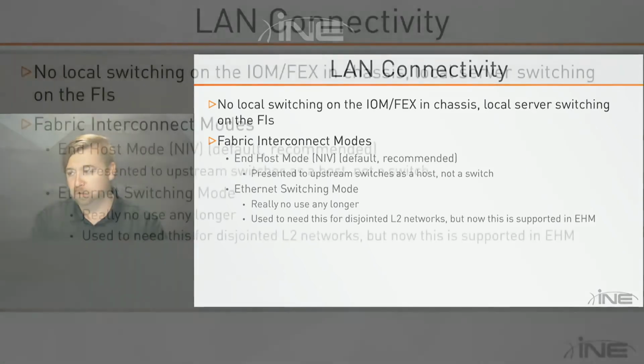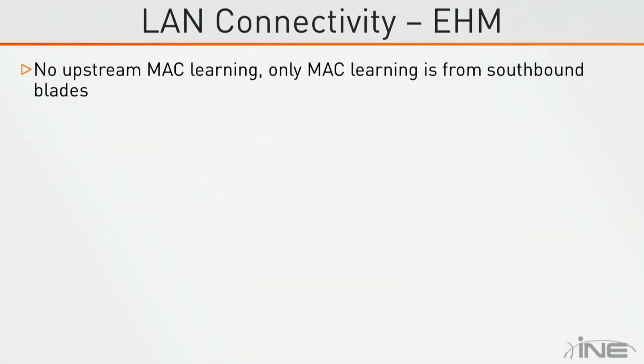regular Ethernet switch. Okay, specifically, what's going to change is that the Fabric Interconnect is only going to be learning about MAC addresses on the server ports that are going southbound to the blades.